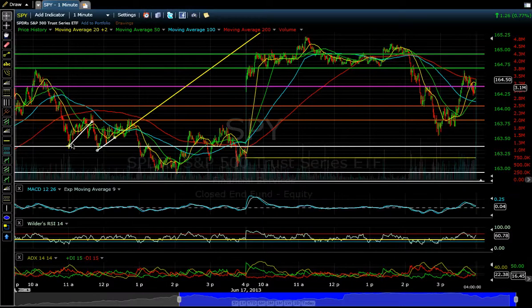I got 1, 2, 3 touches there. You can actually count this as a touch, as it could not hold and it broke through that uptrend line, but managed to get right back above this uptrend line and become wedged with the support level that I've actually charted.